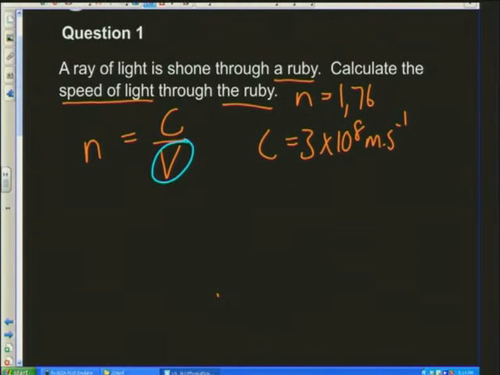So let's substitute, and notice I'm going to put 1,76 on that side. I'm now going to say my substitution, 3 times 10 to the 8 goes over there, and I want v. Guys, I can do this. I can do these type of calculations and change the subject of the formula without thinking. But I'm not.